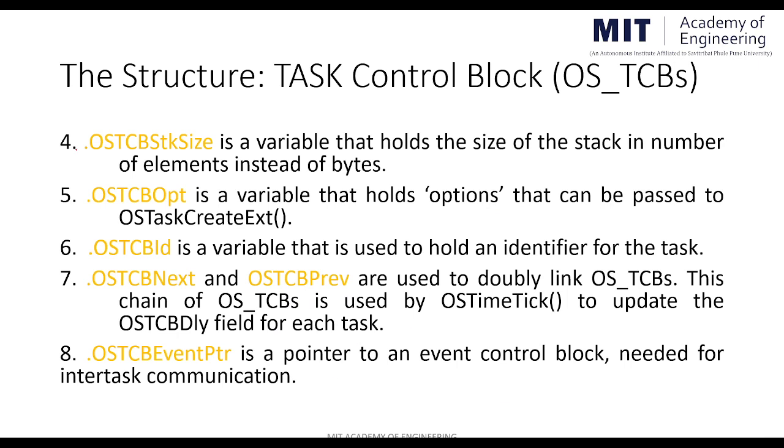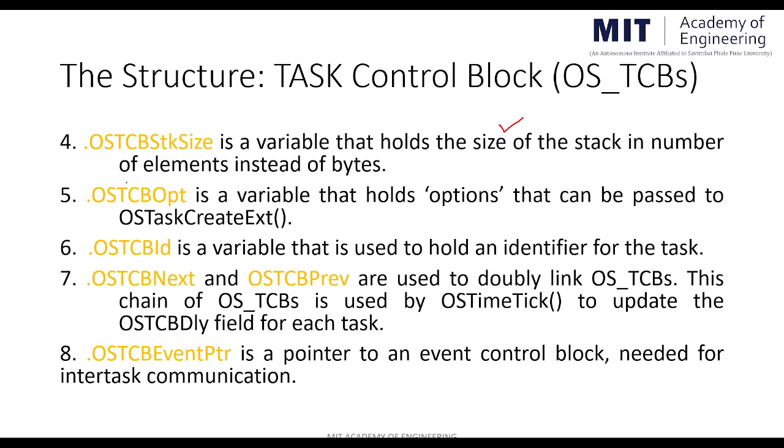The next member is OSTCBStkSize, the variable that holds the size of the stack in number of elements instead of bytes. That is, how big the stack is, whether 256 bytes, 512 bytes or 64 kilobytes. That information is held by the OSTCBStkSize member.